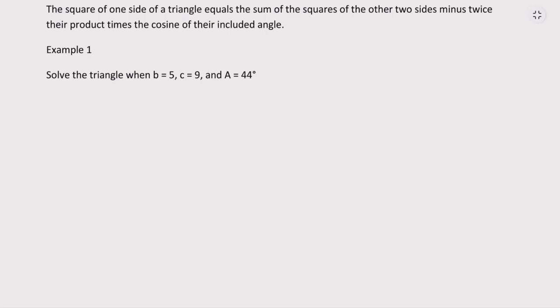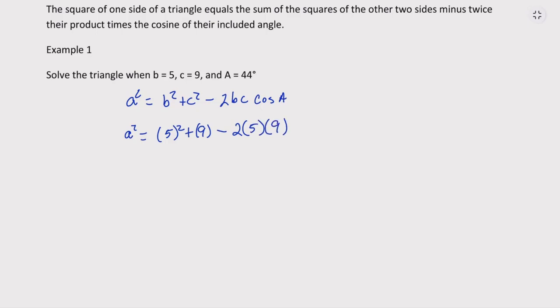So the missing side is A, so we're going to do A squared equals B squared plus C squared minus 2B times C cosine of A. So A squared is equal to 5 squared plus 9 squared minus 2 times 5 times 9 cosine of 44. And again, make sure your calculator is in degrees.